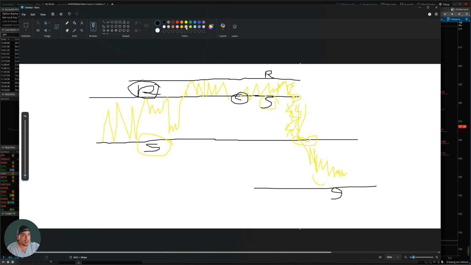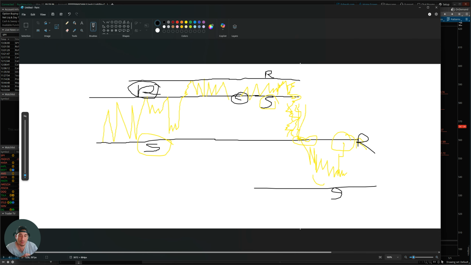And say for example, now this right here, if it goes back up, what is this area going to be now? It's going to be resistance now, right? So what was once resistance turned into support, and what was once support turns into resistance, right?